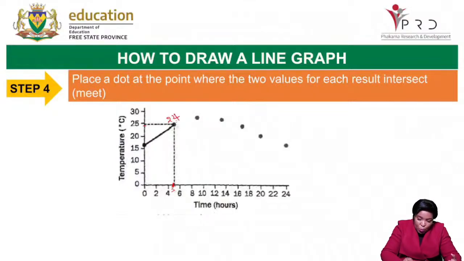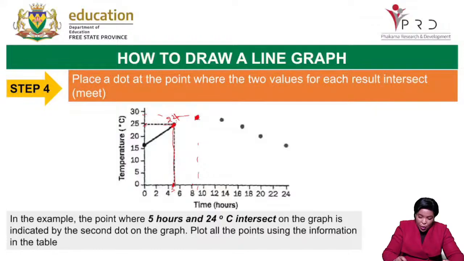Then you plot a dot where these two lines meet, or intersect. Then you do the same for the rest of the data. When the time was 8 hours or 9 hours, what was the temperature? You must be able to draw that and put a dot where they intersect. So that is how you are going to do your graph.